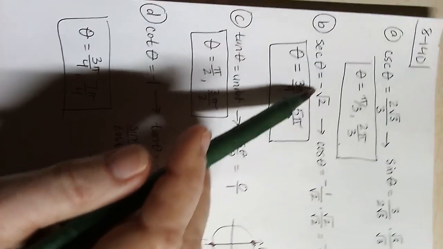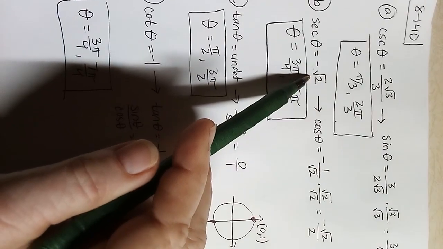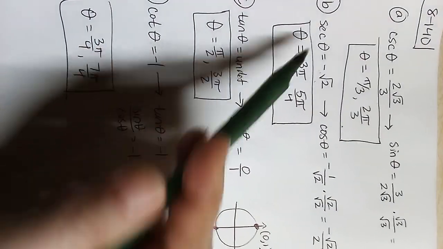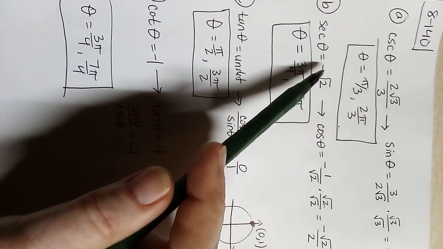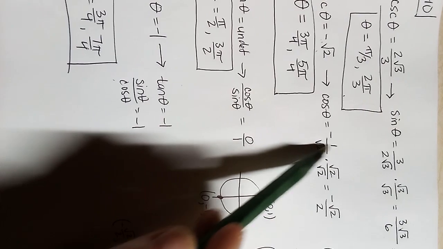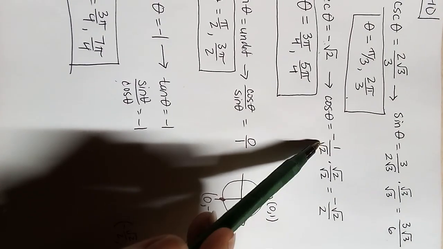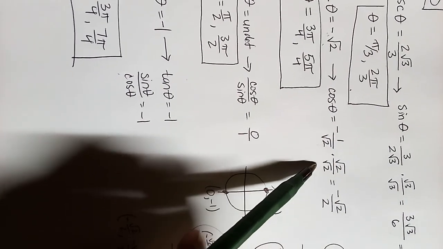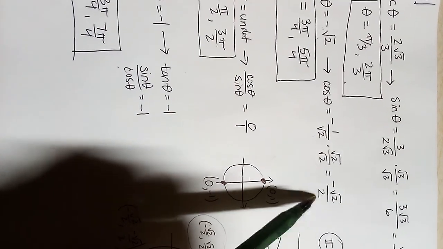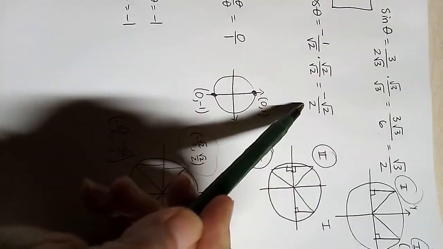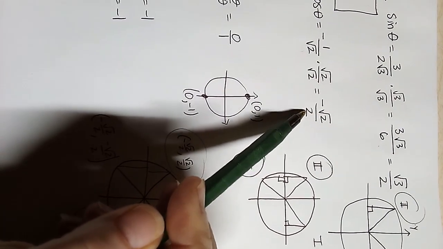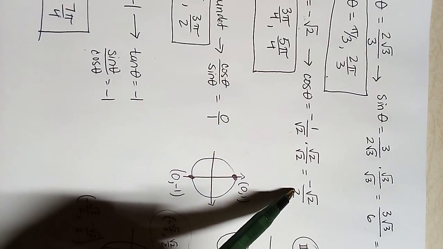Secant, negative root 2. The reciprocal of secant is cosine. So I take the reciprocal of negative root 2, and I can't really recognize that as one of my unit circle numbers, so I'm going to rationalize that denominator. Then that looks like a familiar unit circle number, and so it is cosine.